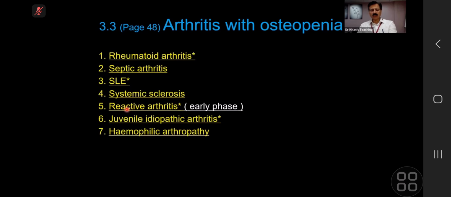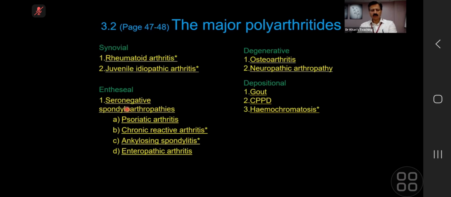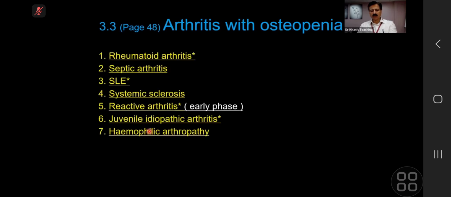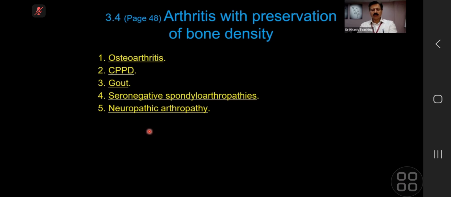So this point is important to remember. And if you go back to the basics, this is the list, chronic reactive arthritis. We'll come back to this, what is it? But right now, take home point is bone density is an important parameter to talk about in the exam.